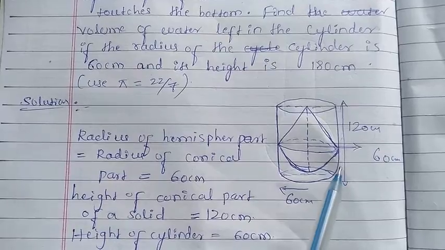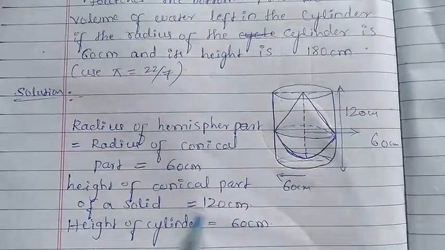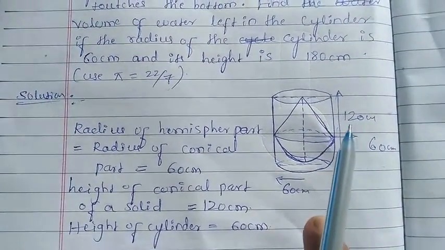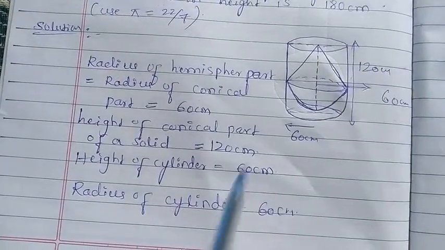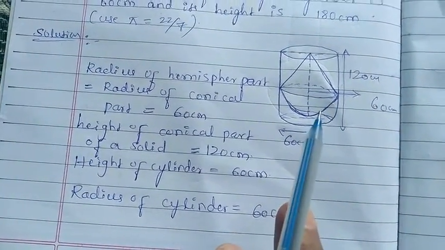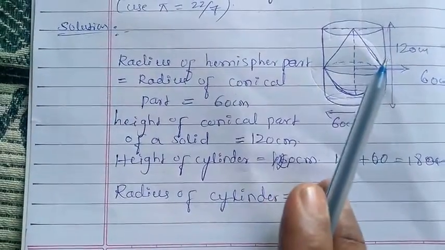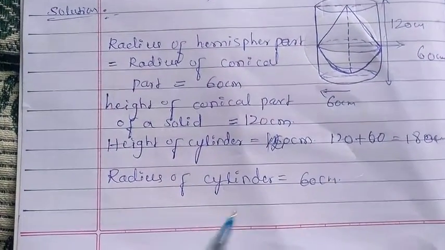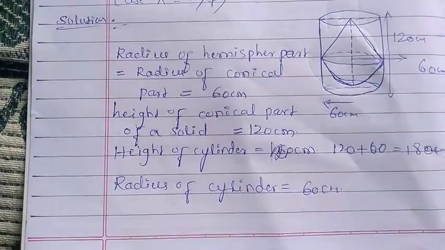The height of the conical part is 120 centimeter, correct. So the height of the cylinder is 120 plus 60, which is 180 centimeter. The radius of the cylinder is already given, 60 centimeter.